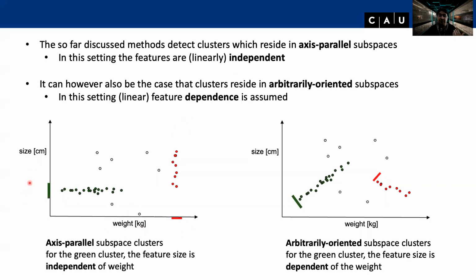Then the clusters that we detect with the so far discussed methods of axis parallel subspace clustering will be, for instance, one one-dimensional cluster, which resides in the dimension of size, and another cluster which resides in the dimension of weight. So we have one cluster here and one cluster here, for example.